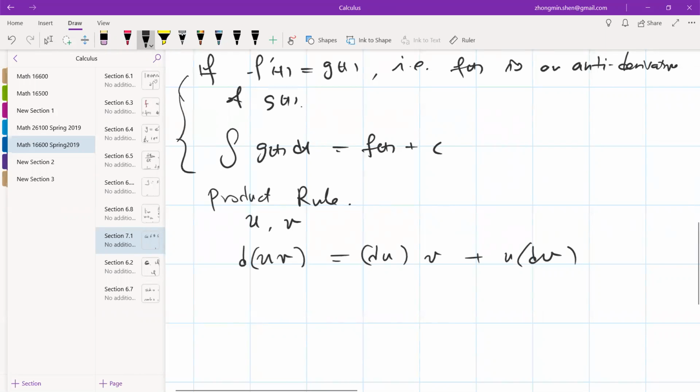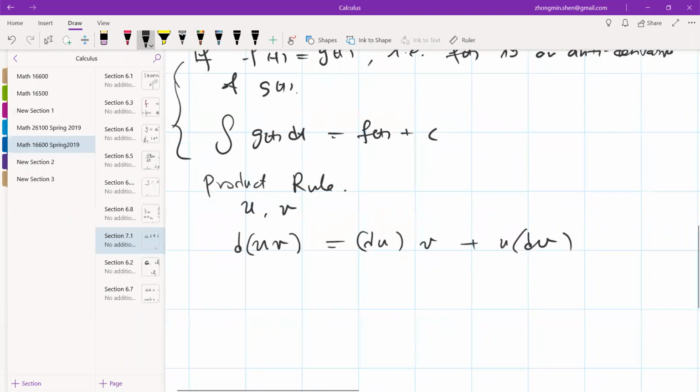Maybe u or v depend on another variable. At this moment we don't care. But u times v gives a new variable, and I simply denote it by uv.